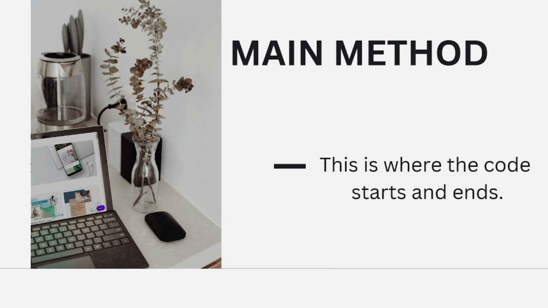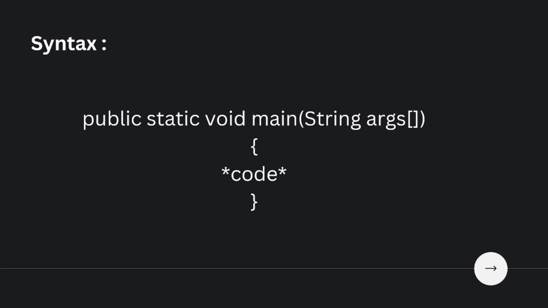The syntax, for now, we will have to memorize, but we will understand every keyword and every token that we encounter further as we progress in this course. The syntax goes, we write the words public, static, void, main, then we put parentheses, and inside the parentheses we write String with a capital S. Do not forget the capital S, that's the right syntax.